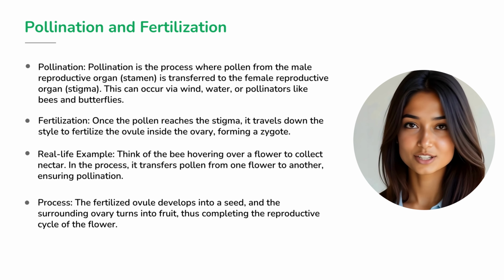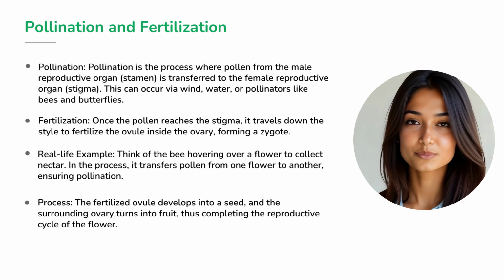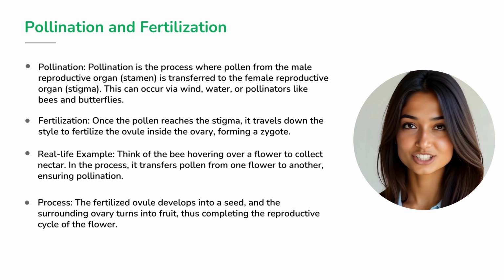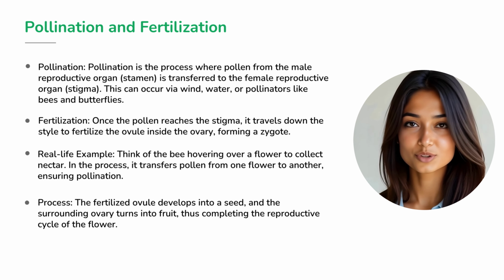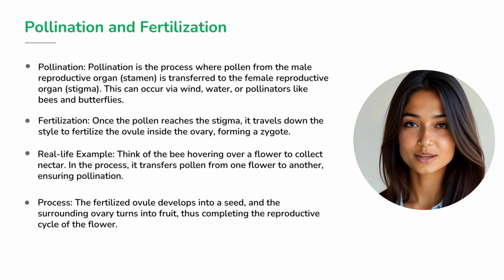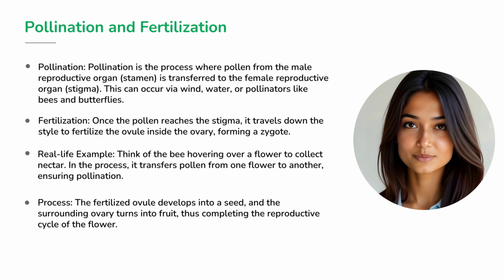When they collect nectar, they also help move pollen from one flower to another. That's pollination in action. Once fertilization happens, the ovary grows into a fruit, and the fertilized ovules become seeds. It's amazing to think that every time you eat a fruit, you're enjoying the product of this intricate process.